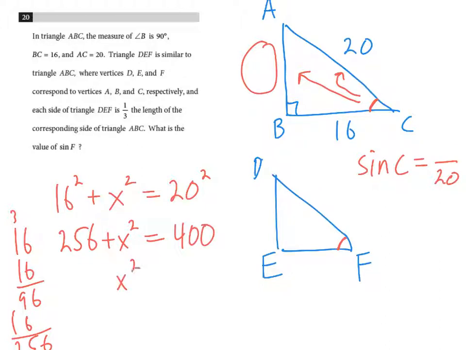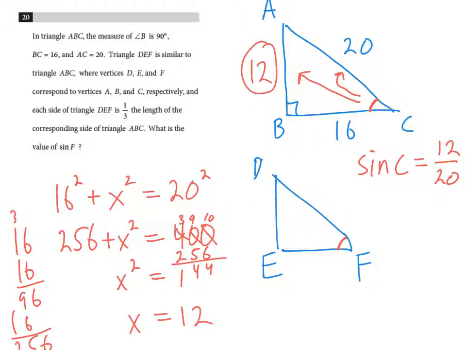So we got x squared equals 400 minus 256. That's 144. So x squared equals 144. Square root of 144 is 12. So this side length is 12. So the opposite of C is going to be 12.